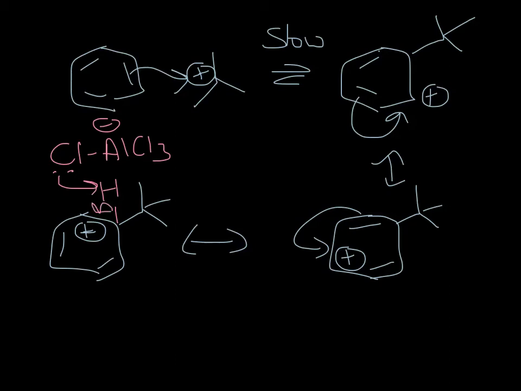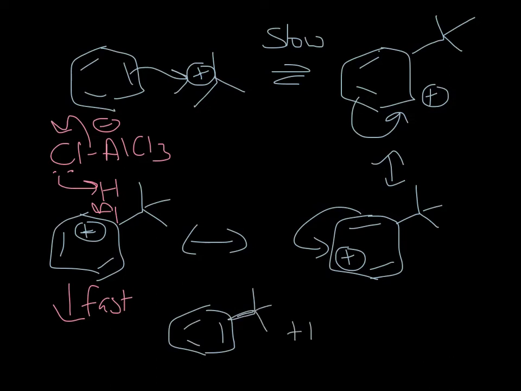These electrons can fold back down to make a double bond, and then we'll kick the chlorine off of the aluminum with the electrons. What I end up getting here, and this would be my fast step because it regenerates the aromaticity of the compound, is my benzene ring with the tert-butyl group on it. HCl is a byproduct from that deprotonation step, and then my aluminum chloride catalyst is regenerated.